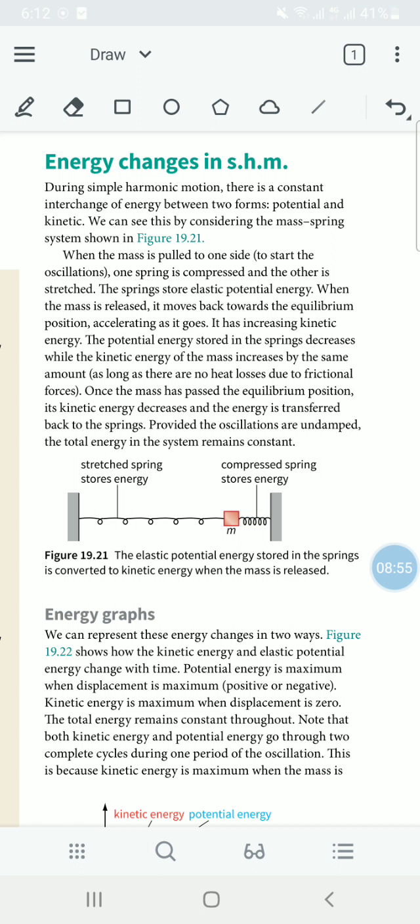Assuming there is no loss of energy, all of the kinetic energy at the equilibrium position would have converted to potential energy at the extreme end, left or right.